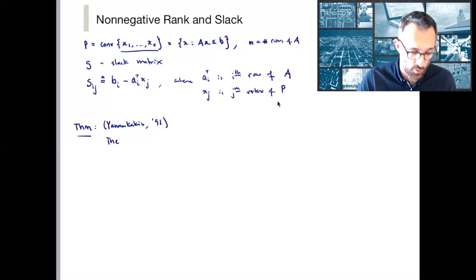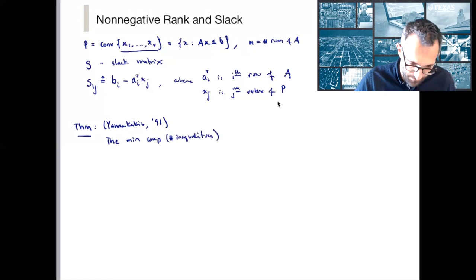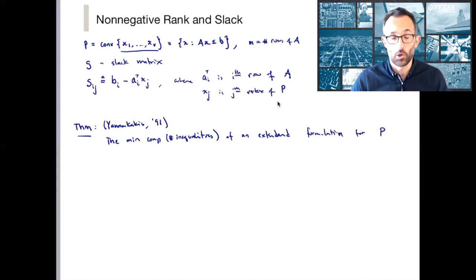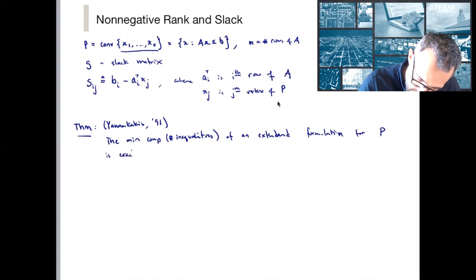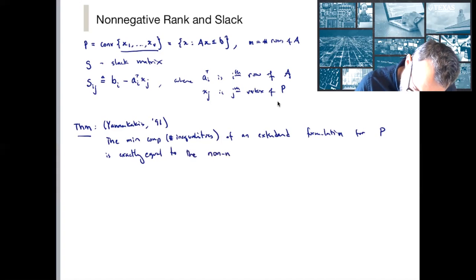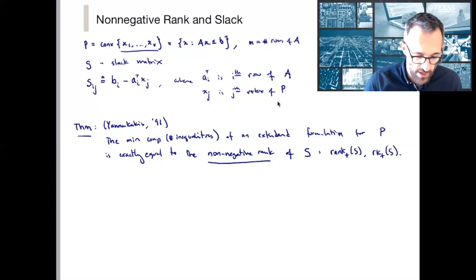The extension complexity, in other words, the minimum complexity, meaning number of inequalities, of an extended formulation for the polytope P is exactly equal to this concept called the non-negative rank of the slack matrix S, which I'm going to denote as rank plus of S.